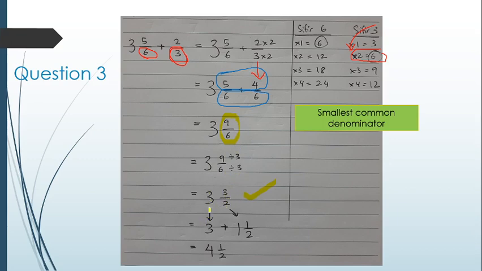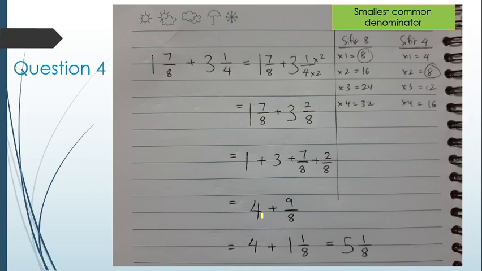So 3 here does not change. It's still 3, but here it's still an improper fraction, masih lagi improper fraction. Jadi kita tukarkan menjadi 1 over 2. So 3 plus 1 equal to 4, 1 over 2. So this is the answer. That is why previously we learned how to convert improper fraction into mixed number and mixed number into improper fraction. This is where we apply the knowledge.